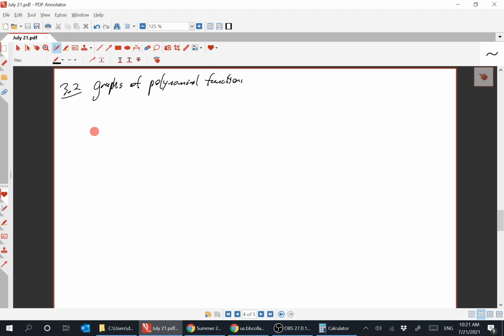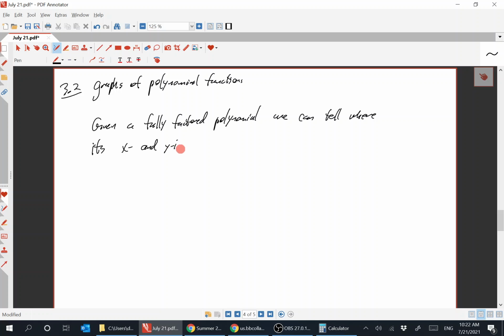Given a factored polynomial, we can tell where its x and y intercepts are, and we can tell where the polynomial is positive or negative.